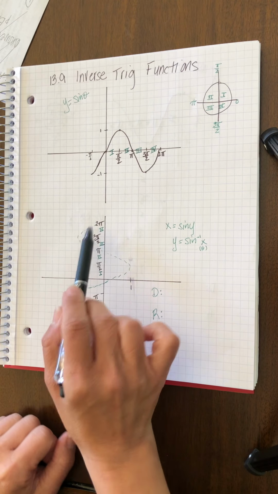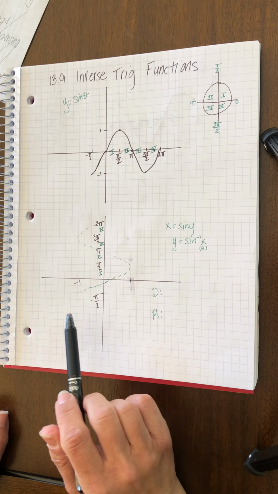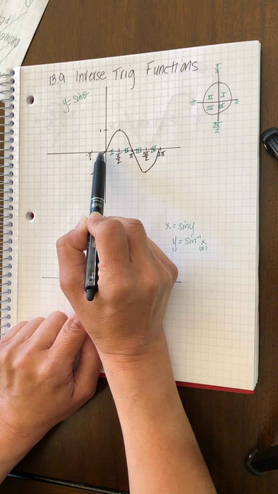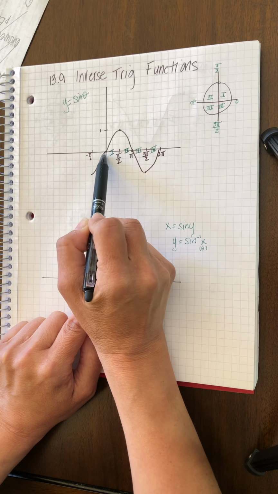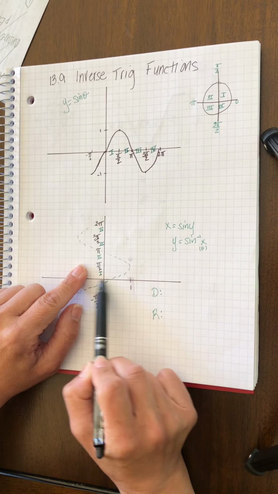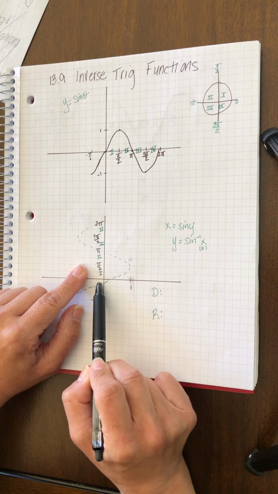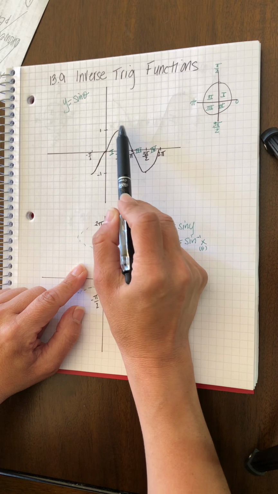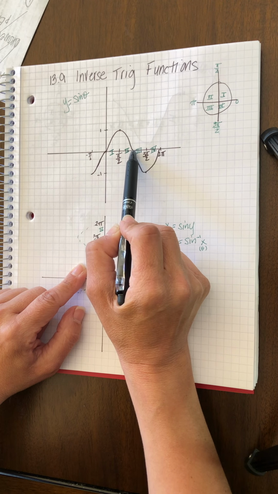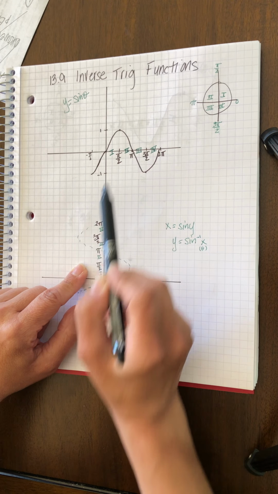And then you'll see that I sketched out what the sine curve looks like. The sine from 0 to 1 is in quadrant 1, so that's between 0 and pi over 2. And then from 1 back to 0, the sine curve from the high point back to the axis, that's between pi over 2 and pi.